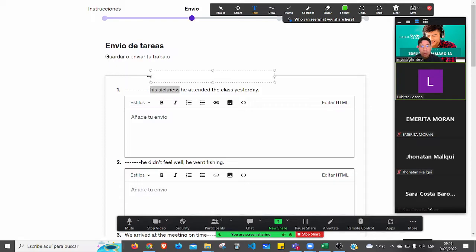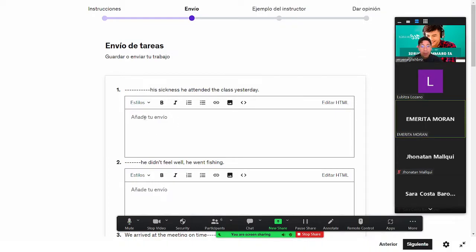Su enfermedad. ¿Es una cláusula, un sustantivo o un verbo con ing? Es un sustantivo. Por lo tanto, voy a poder decir, despite his sickness, he attended the class yesterday.